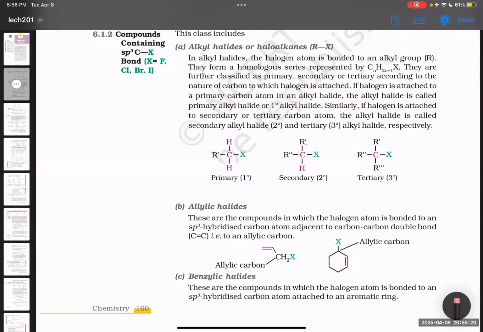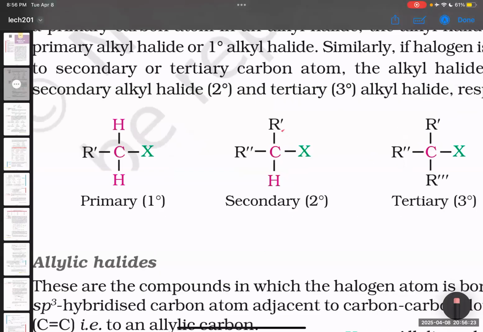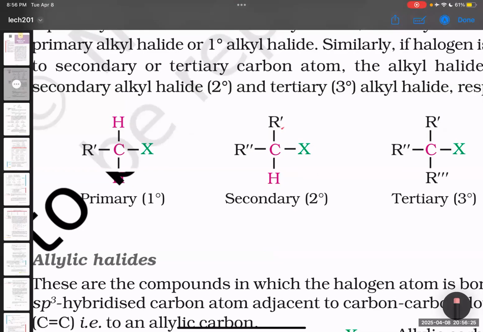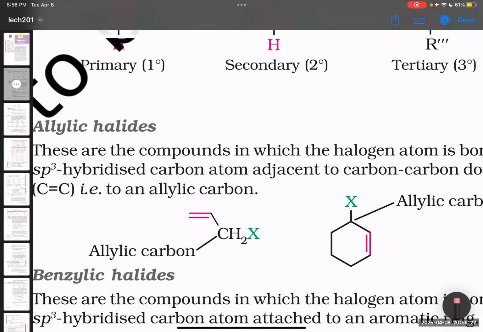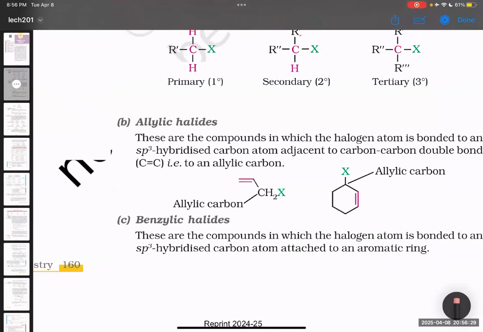Tertiary means carbon connected to 3 alkyl groups. Okay. Allylic and benzylic. Allylic is actually next to a double bond.